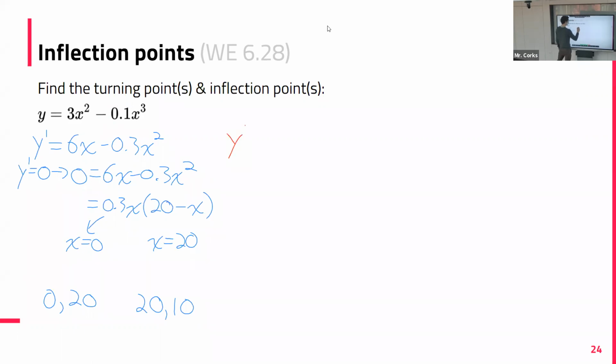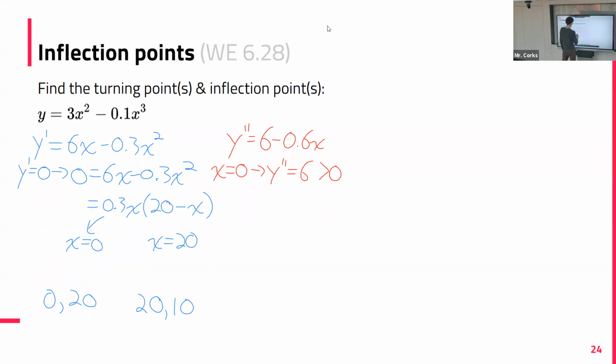Second derivative, 6 minus 0.6x here. Okay, and we'll test these points. So if x is equal to 0, if we are substituting 0 in here, then the result is just going to be 6. So that's greater than 0.